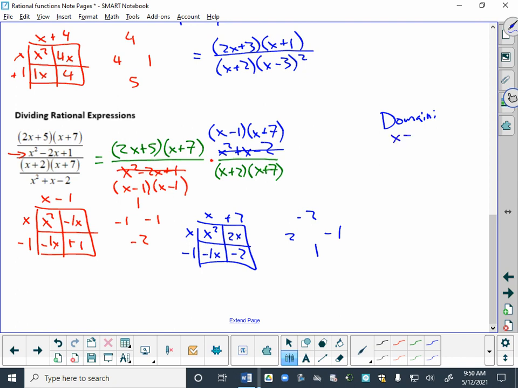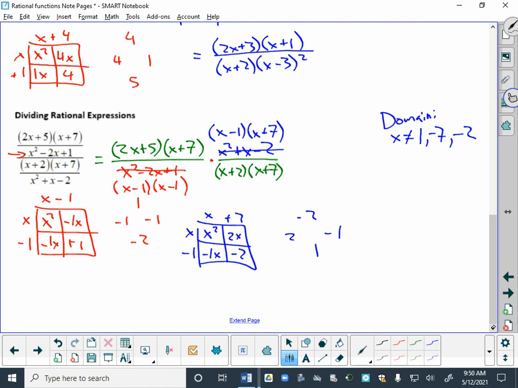So my x cannot be equal to 1, or negative 7, or anything that's in the denominator now, which includes a 1, a negative 7, and also a negative 2. So those are the values that I can't have, because there are multiple divisions going on here.